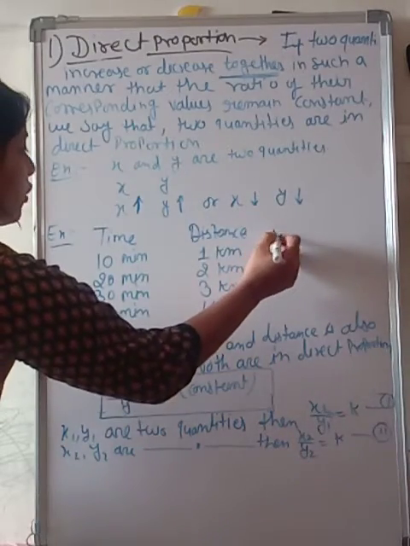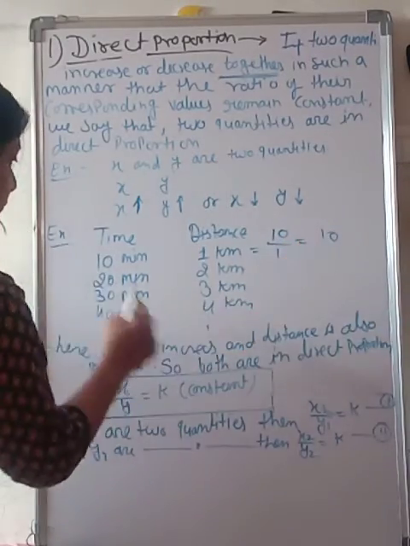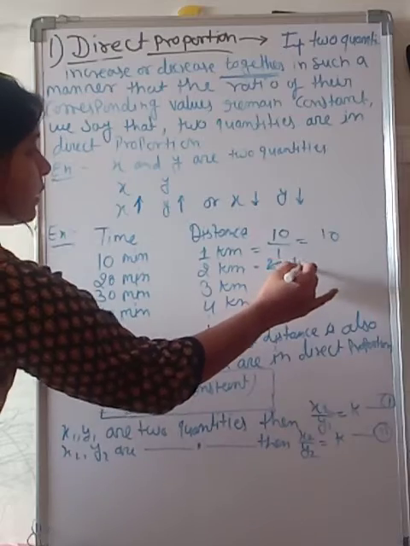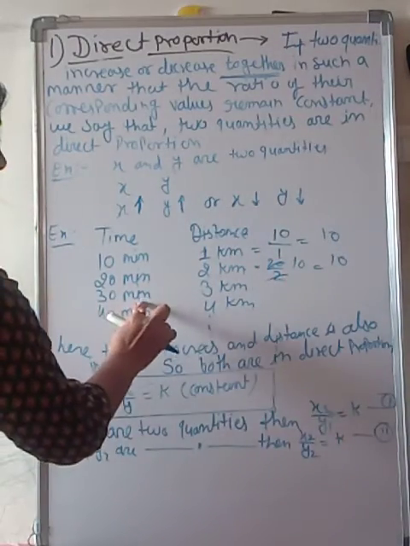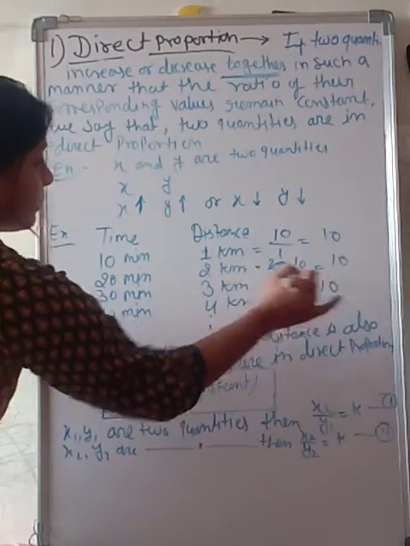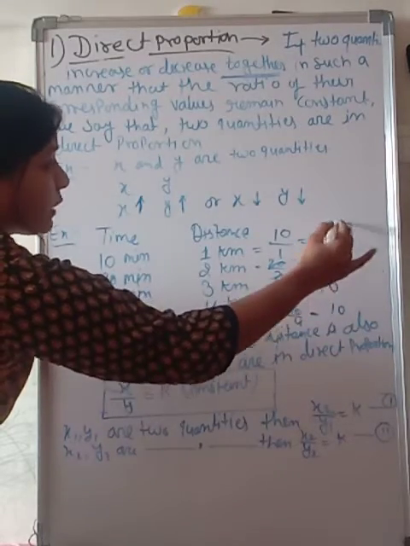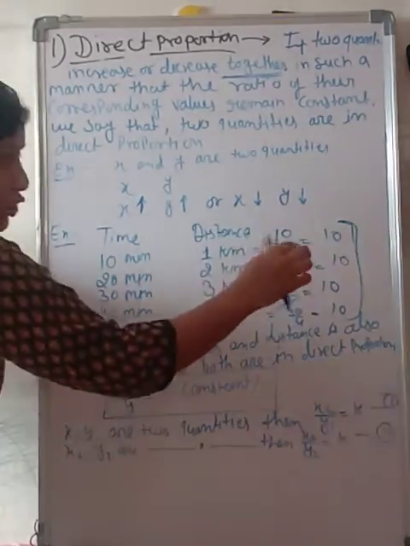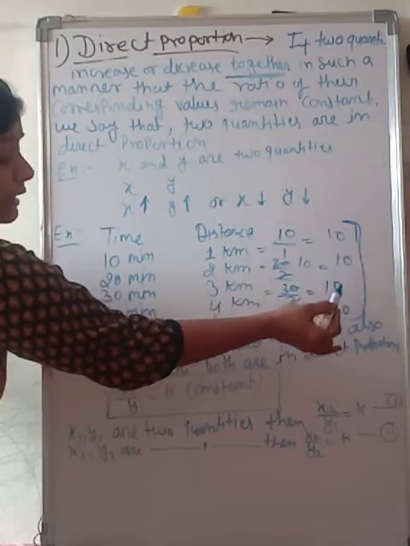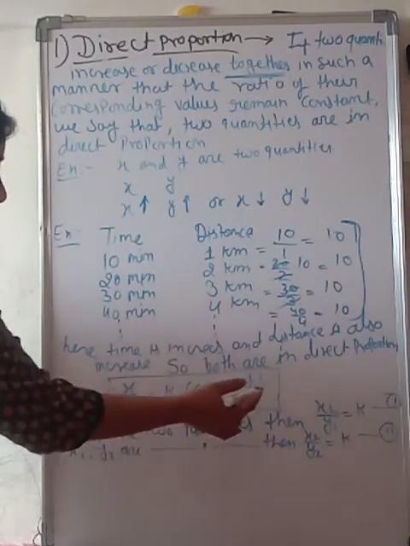Find the ratio between the time and the distance. 10 upon 1 is 10, 20 upon 2 is 10, again 10, 30 upon 3 is 10, 40 upon 4 is 10. So it is always 10. The ratio between the time and the distance is a constant: 10, 10, 10, 10. So you can say x upon y equal to k, where k is constant.